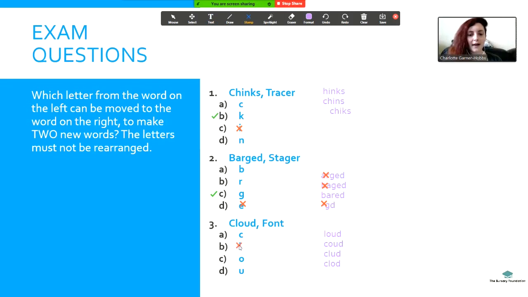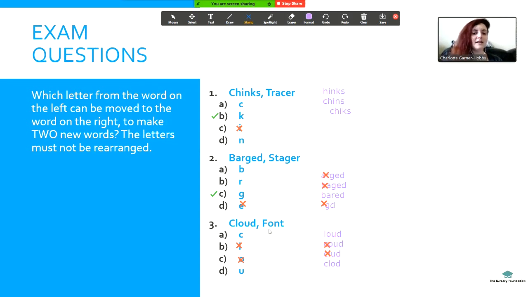So I know that L and O aren't any good to me here. So I'm going to test to see whether I can use a C or a U in the word font. So there are a few ways that you could work this out. You could look at a C, for instance, and say, well, C doesn't really combine with any of these letters in order to get a sound that's common in English.